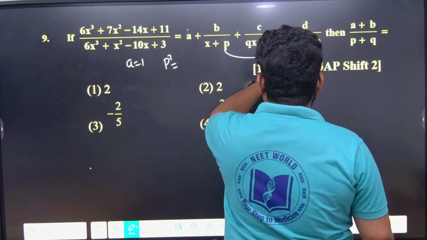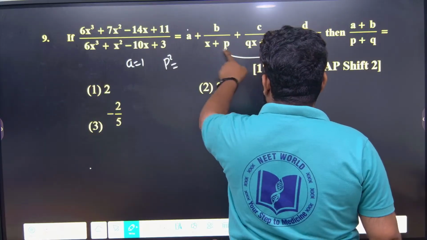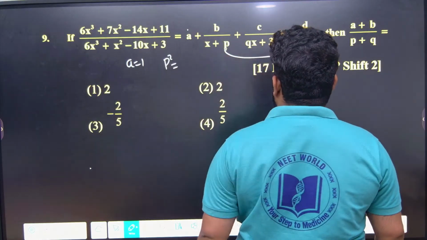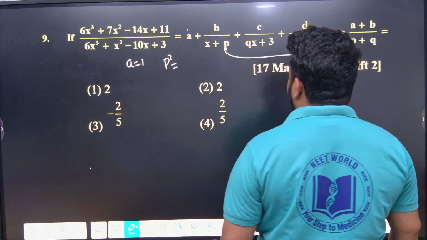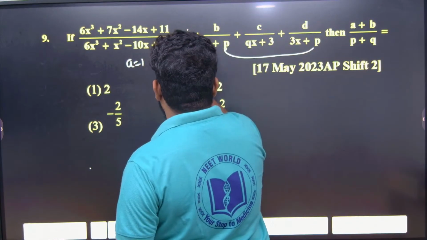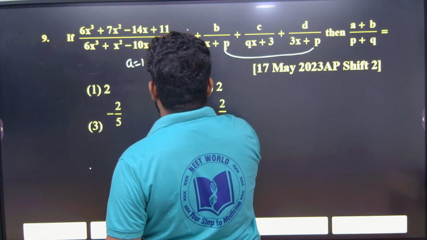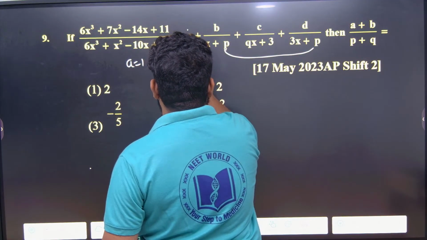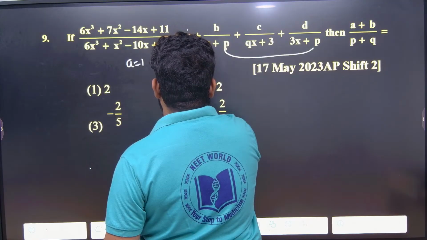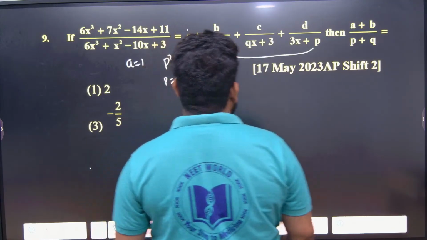See this and this if I multiply, 3x square plus p into p is p square. So p square will be equal to, I can write it as plus or minus 1, since the constant is there. So p square will be equal to 1, so p will be equal to plus or minus 1.